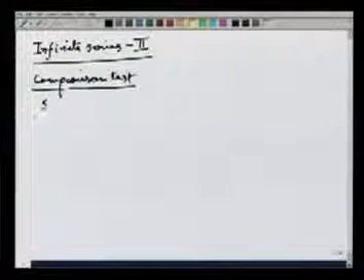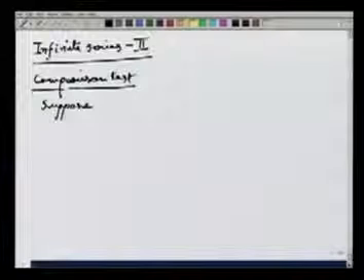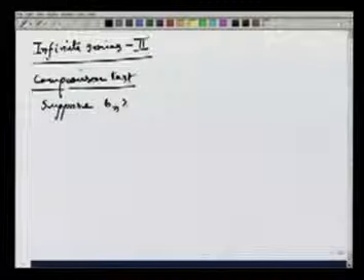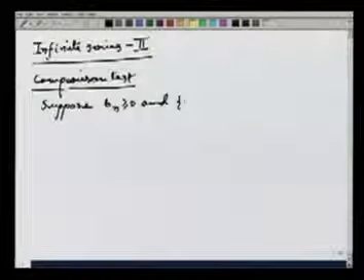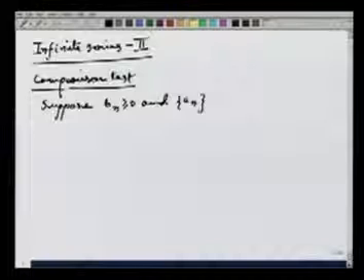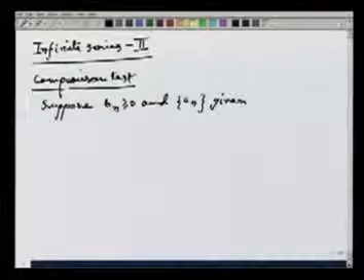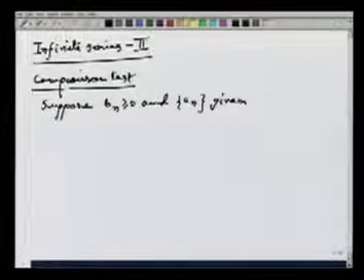So the precise statement is this, that suppose Bn is bigger than or equal to 0 and An given. So I have just given two sequences. One is Bn and every term of that sequence Bn is non-negative, and An is a given sequence.